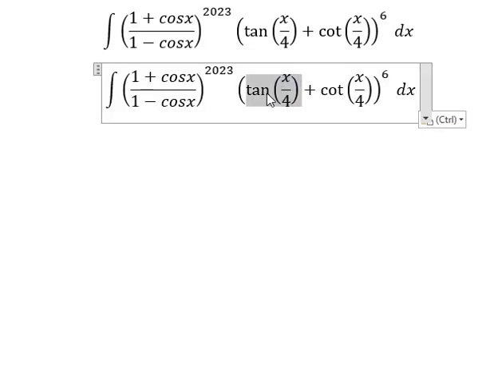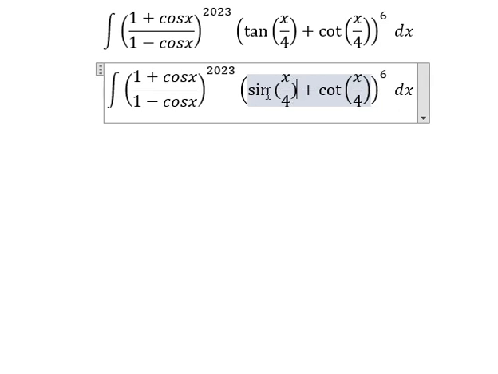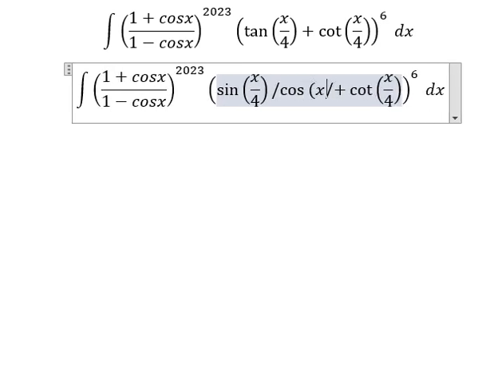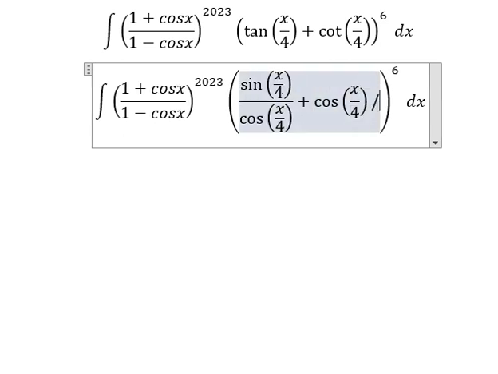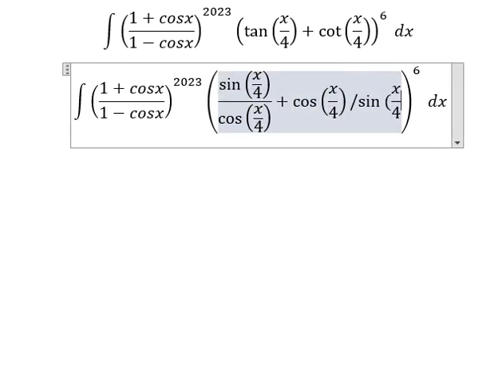About this one, we change it by sine of x over 4 over cosine of x over 4. This one, we have cosine of x over 4 over sine of x over 4.